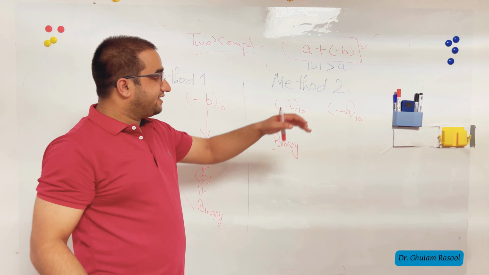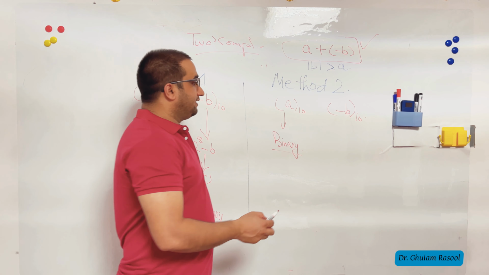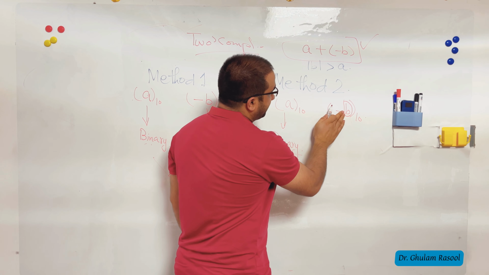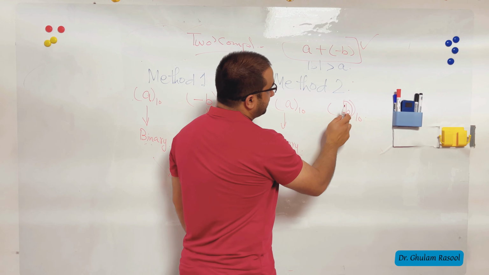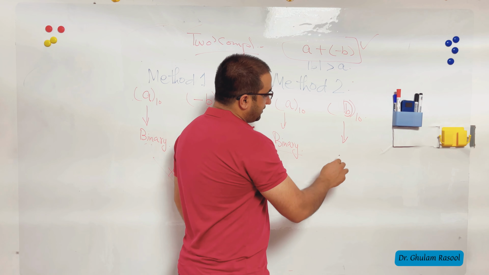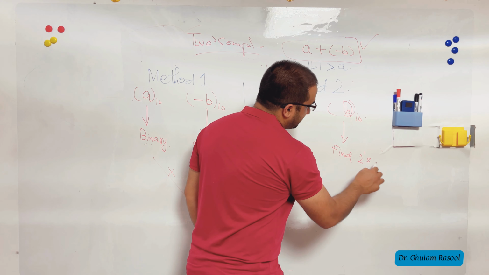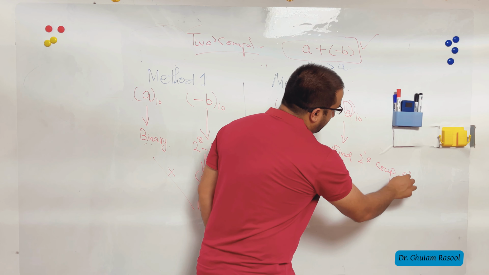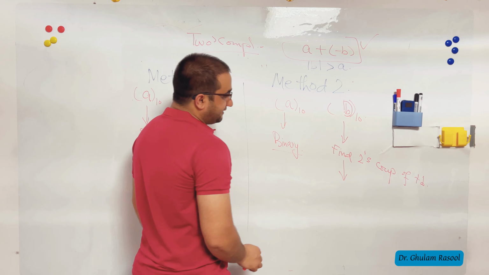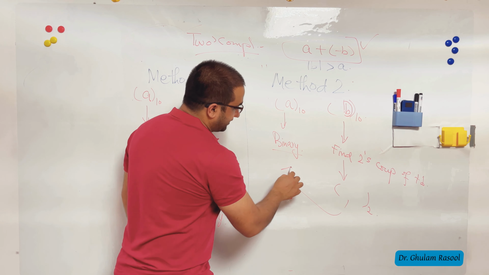I have a previous method, which is the 2's complement of a positive number. So I say, okay, forget about the negative, let me think about the positive B only. So first find the 2's complement of the positive B. When you are done, this will become a binary number, then add them together.